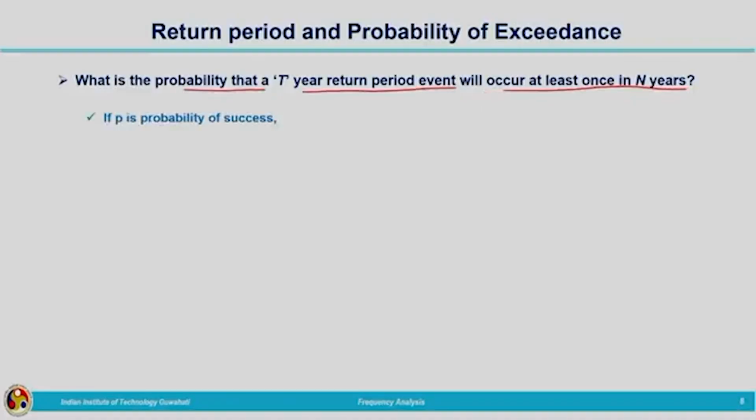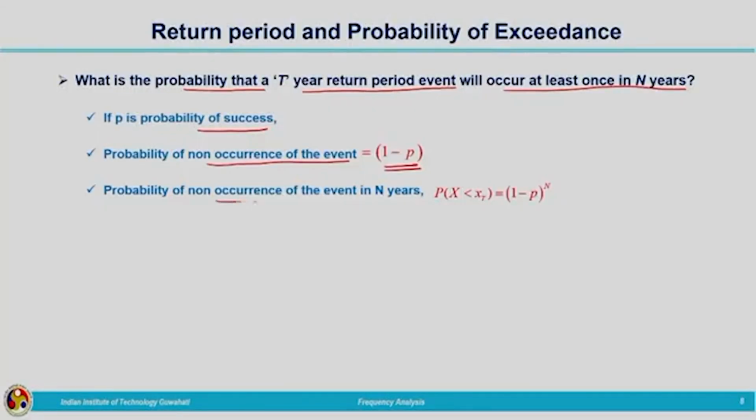Let us see that. If p is the probability of success, definitely we can write the probability of non-occurrence of the event as 1 minus p. Probability of occurrence and probability of non-occurrence are independent events. So, based on the total probability law, we can write probability of failure as 1 minus p.